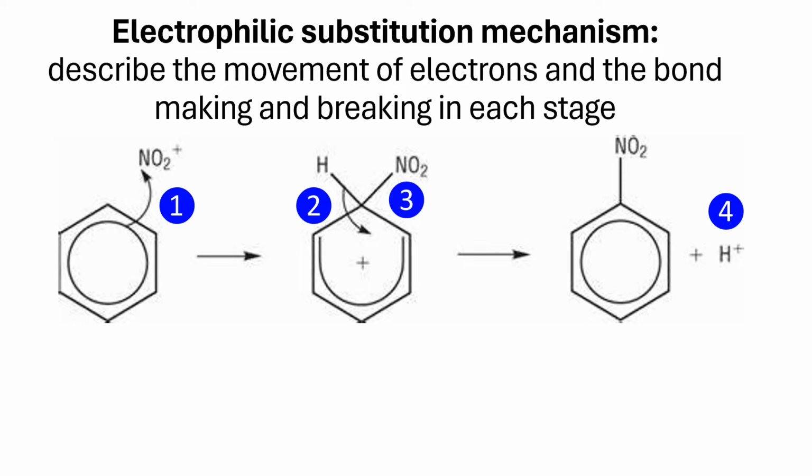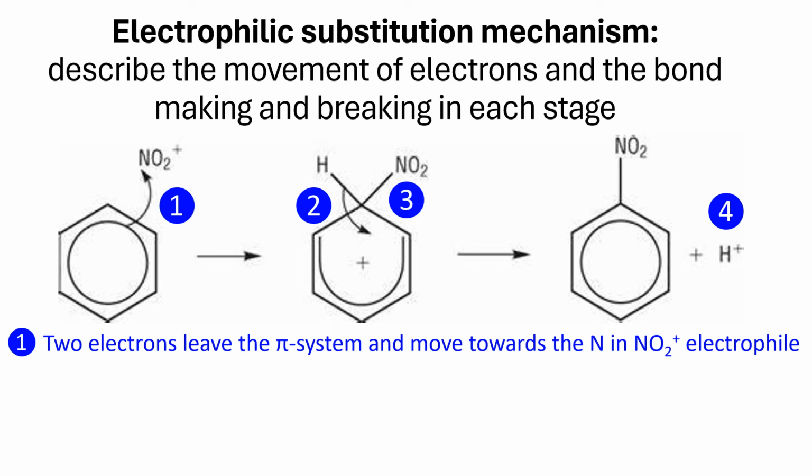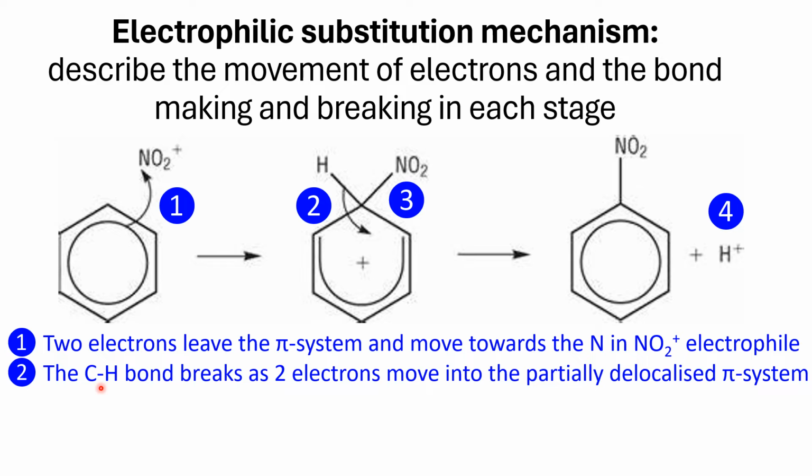Okay, welcome back. I'm assuming you've had a go at that. So 2 electrons leave the pi system at part 1 and move towards the nitrogen in NO2 plus. That's these 2 electrons here. So this carbon-hydrogen bond is going to break now, and this curly arrow shows 2 electrons moving into the partially delocalized pi system that's created when the fully delocalized pi system over here loses 2 electrons.